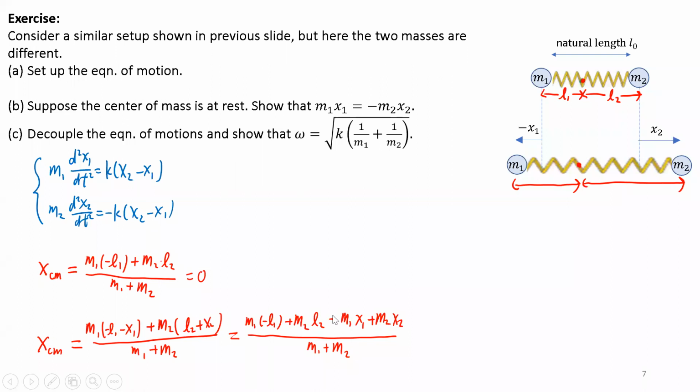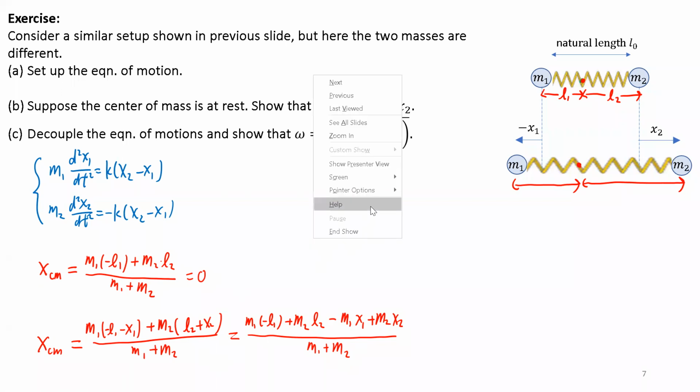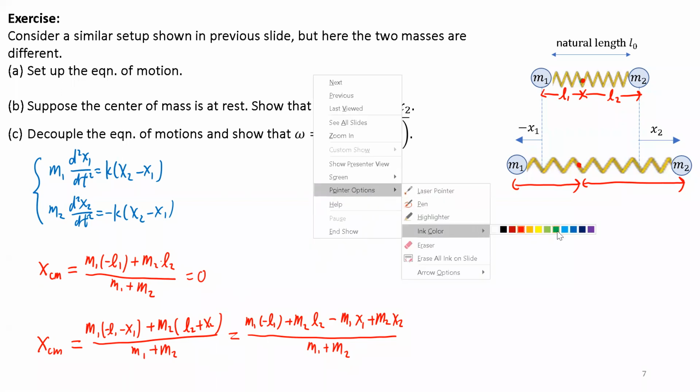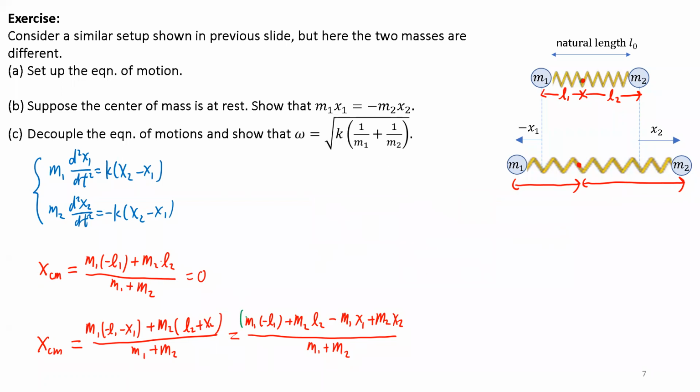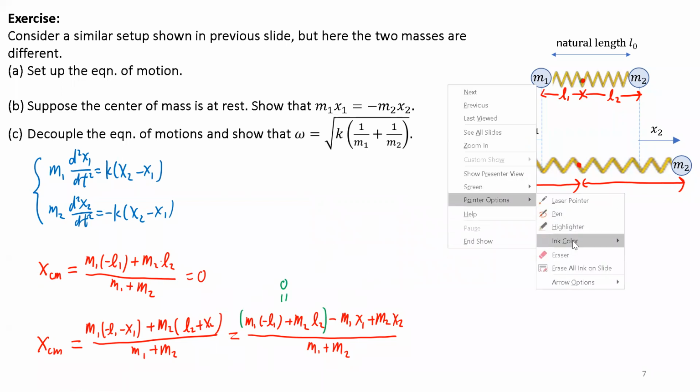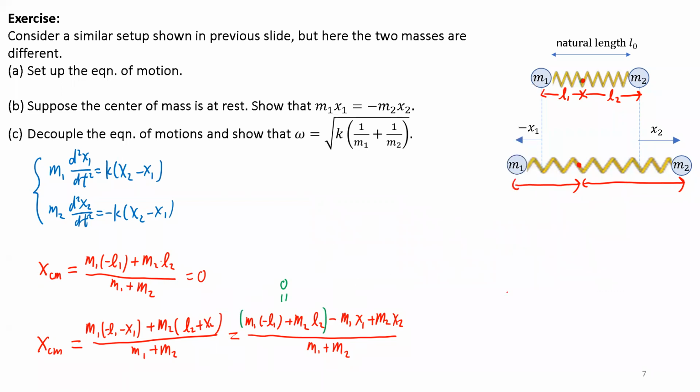But because I know that this one plus this one has to be 0, as I told you already, this term is 0. And as I told you already, the center of mass position itself is not changing over time, so this whole thing is still 0.